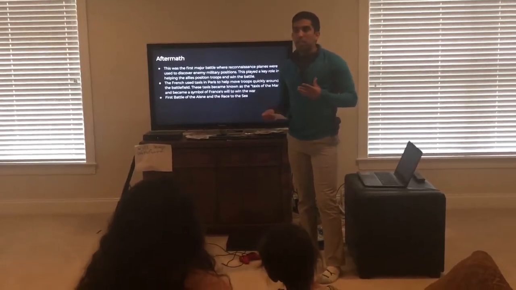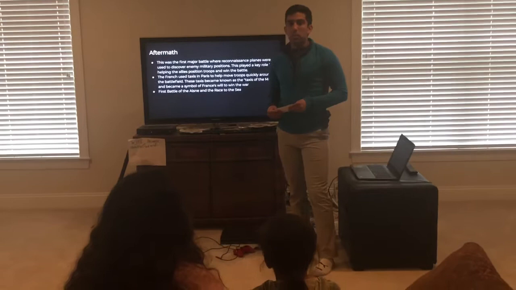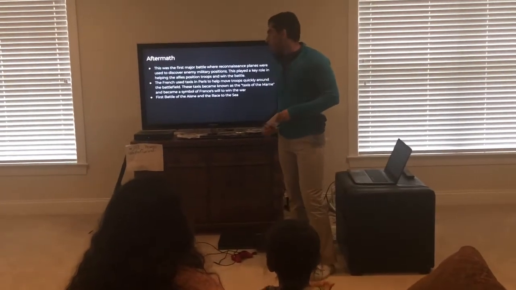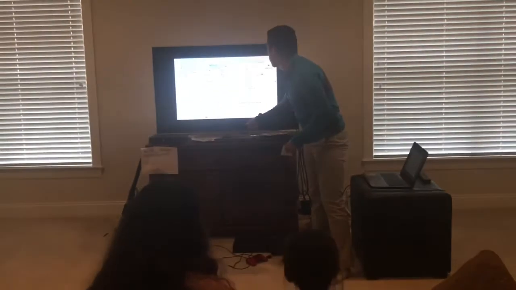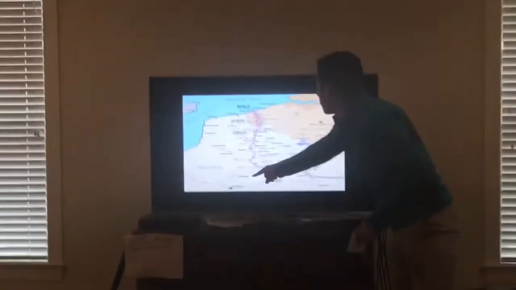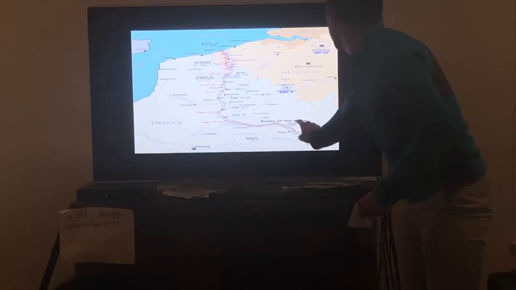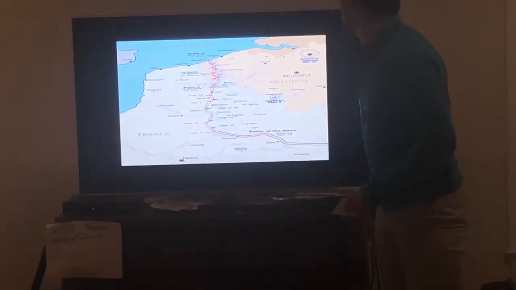This was not really very effective and was indecisive in the end. And we can kind of see that right here as we hit towards the North Sea and come across over here.